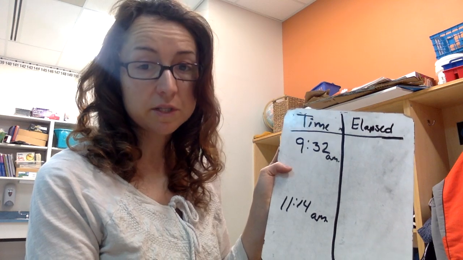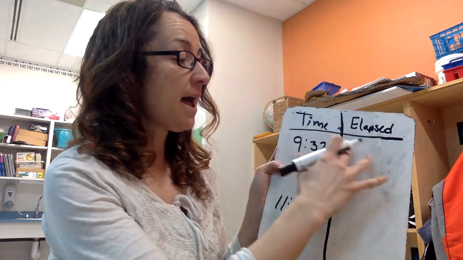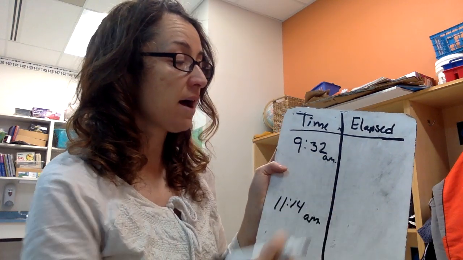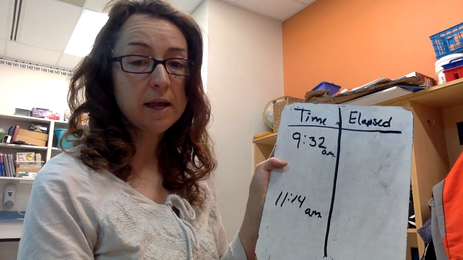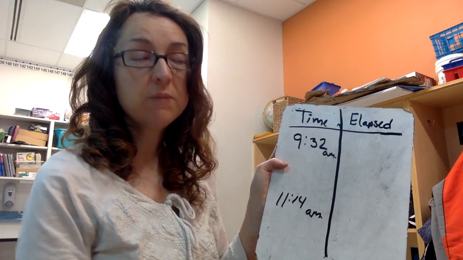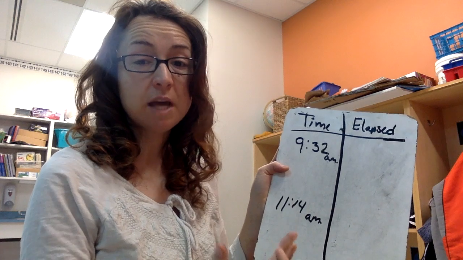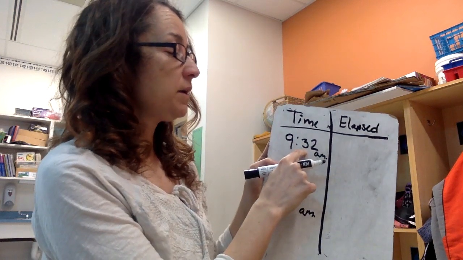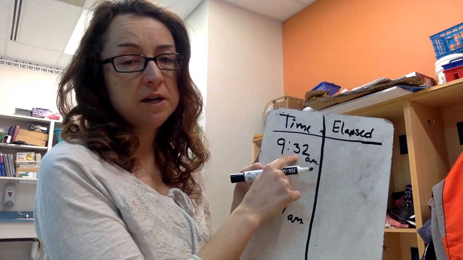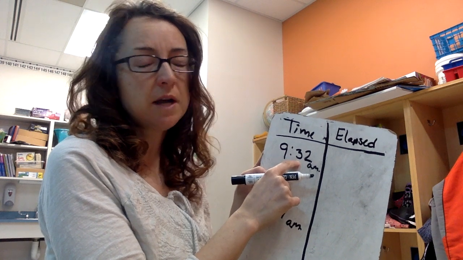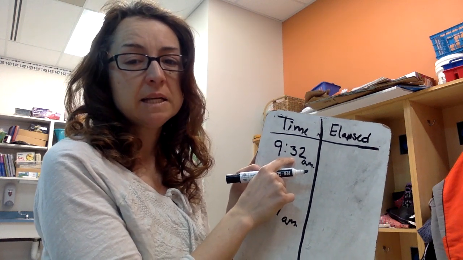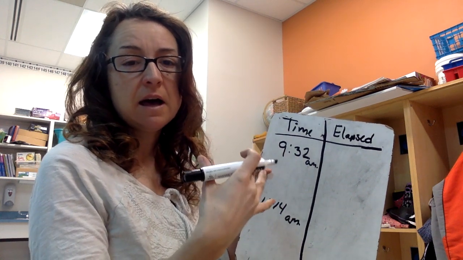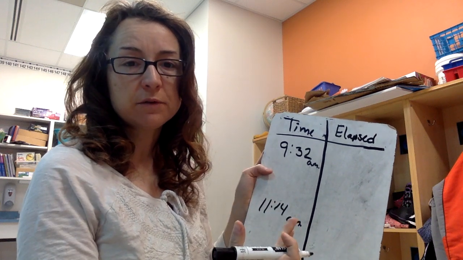What I want to do first is add some time here to figure out what my elapsed time is going to be. So I want to think about 9:32. That's kind of a complicated number. It's not super complicated, but when I think about tens, that's kind of an easier number for me to work with.